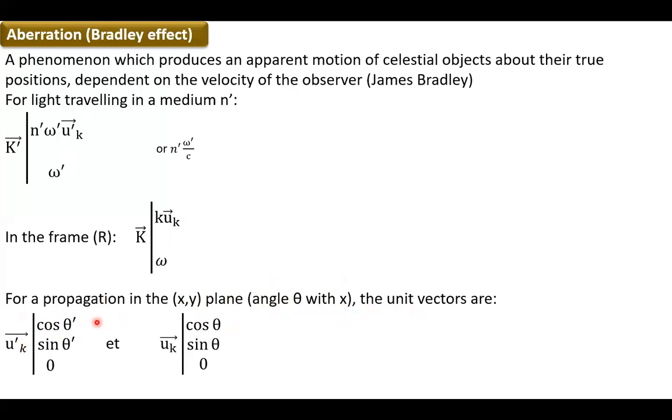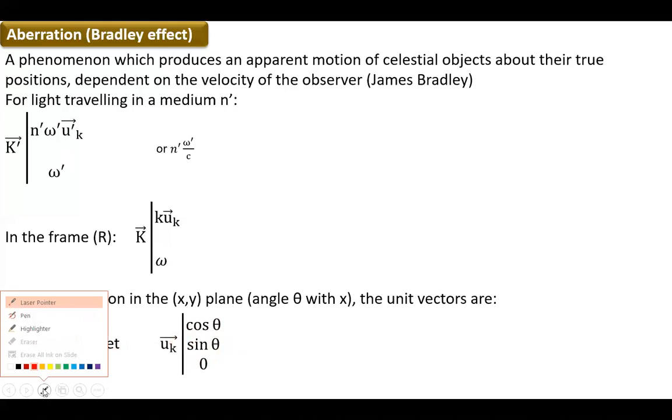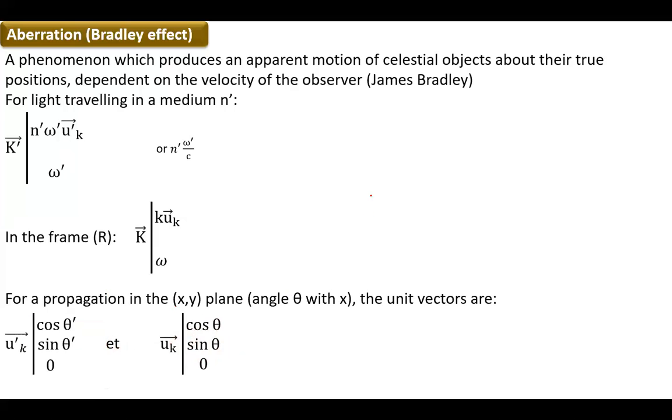So it's 1 cosine theta prime on X prime and 1 sine theta prime on Y prime, 0 on Z, and cosine on X, sine on Y, and 0 on Z. If you have a frame and you have a unit vector, the projection here, you have theta, so the projection here is cosine, and the projection here is sine.